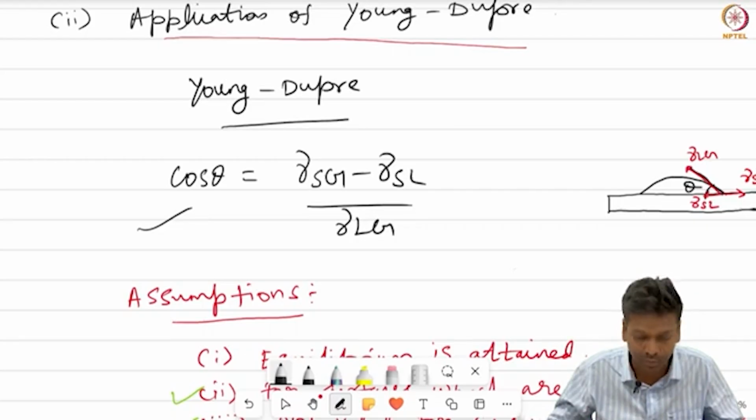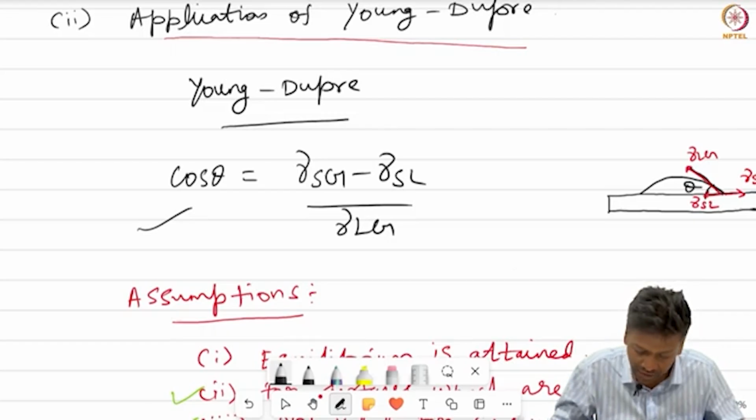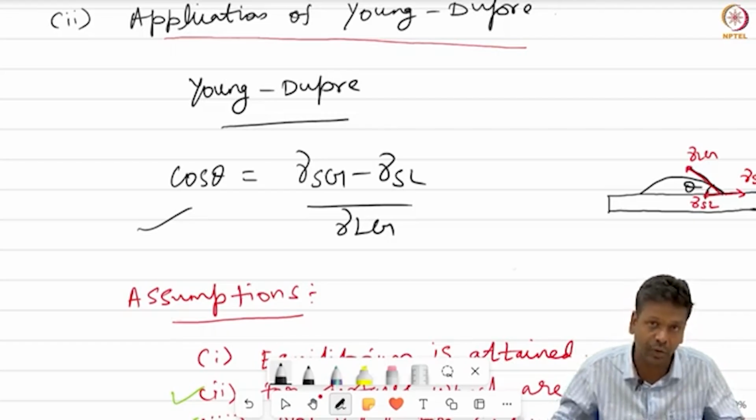Whenever you place a droplet of liquid on a smooth surface, the droplet may wet or retract depending on the nature of the solid surface, and this behavior is captured by the Young-Dupre equation.